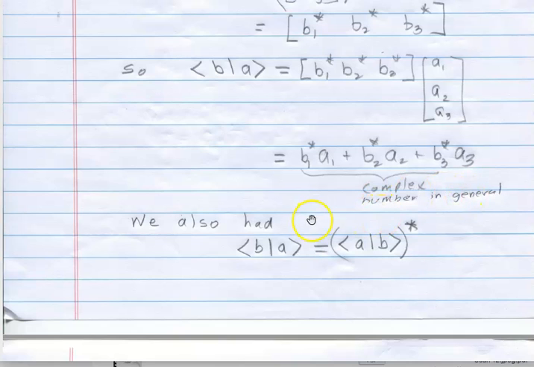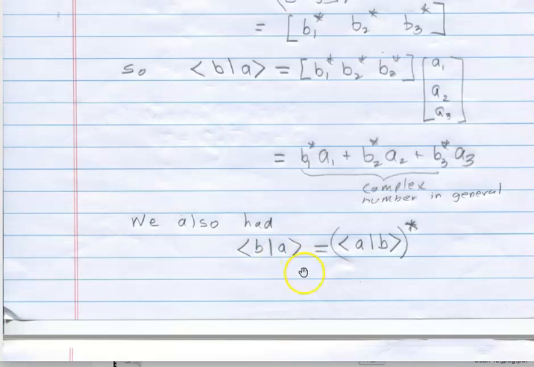So the inner product takes two state vectors, a bra and a ket, and combines them to get a single scalar quantity that is a complex number in general. Because of that, this inner product is sometimes also called a scalar product, much like in the case of vectors.